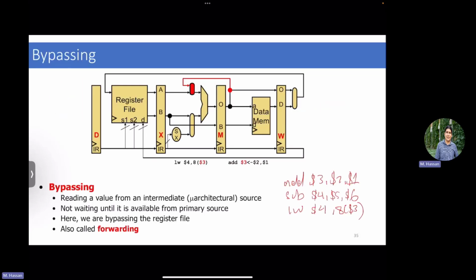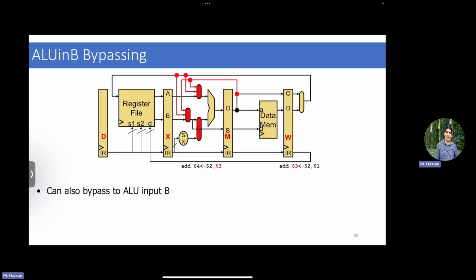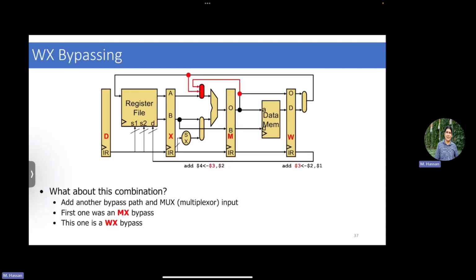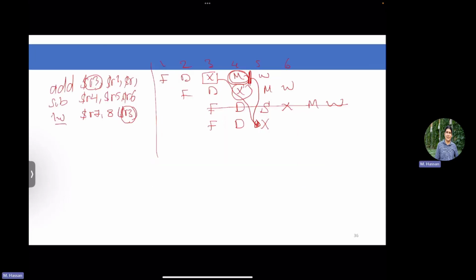But what does this entail? It entails that this simple figure here only accommodates the case where I'm getting it from the execution stage. So I need to add another wire that takes from that register instead. How do I map that to the pipeline figure that we have?